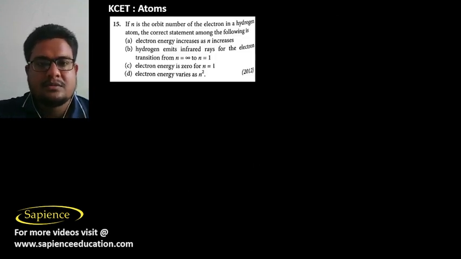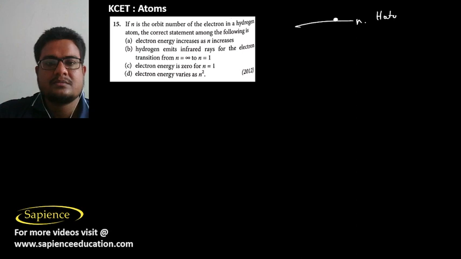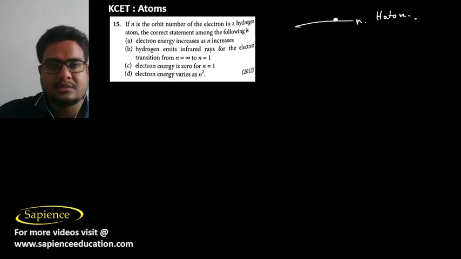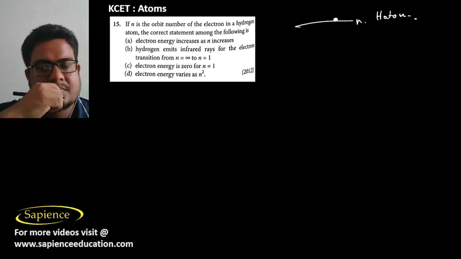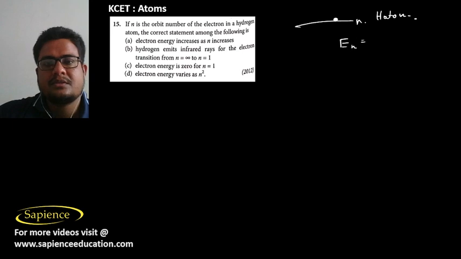Question number 15 is told, if n is the orbit number of the electron in a hydrogen atom, the correct statement among the following. Option A: electron energy increases as n increases. Here we know that the energy of the nth orbit is given as minus 13.6 electron volt by n square.